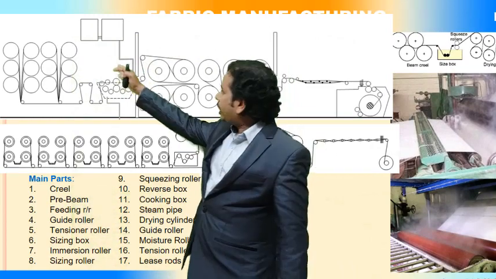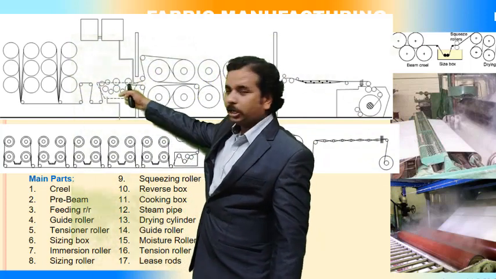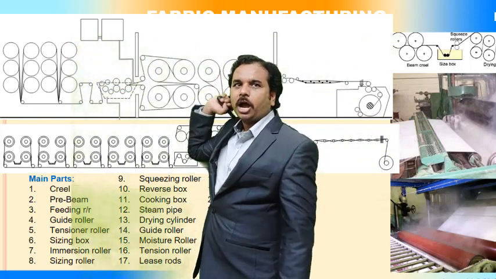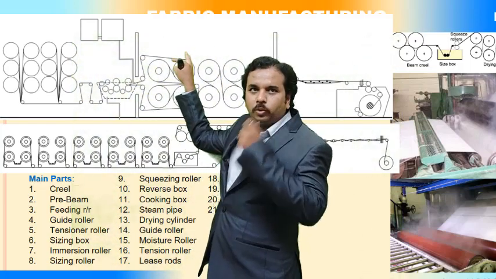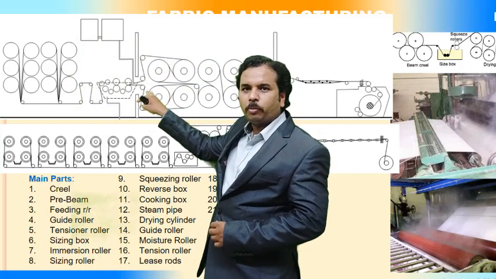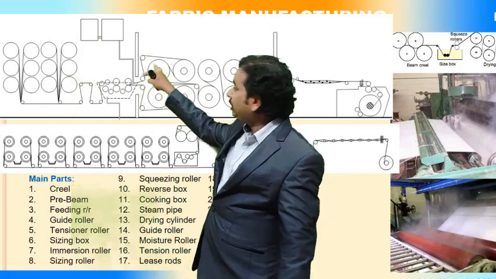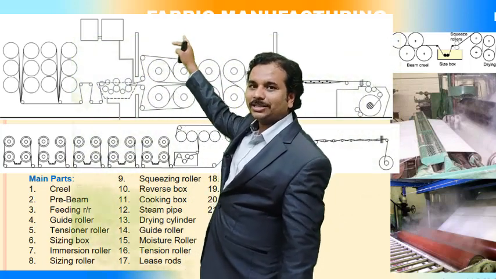There are 6 warper's beams and another 6 warper's beams, and these 6 together are sent to a single Size Box. After the Size Box, a particular sheet is transferred into separate cylinders.